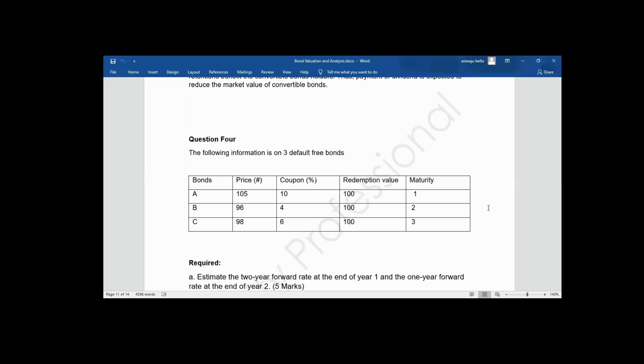We equally explained forward rates. We said forward rates: this is the interest rate fixed today for a loan or deposit to be made at a future specified date.